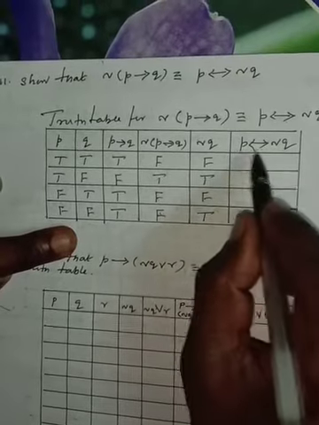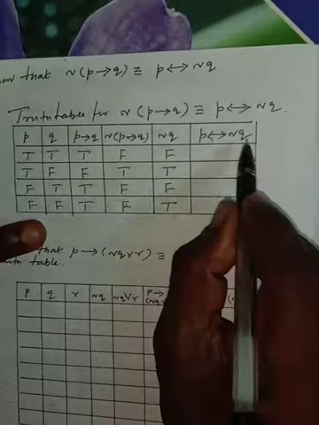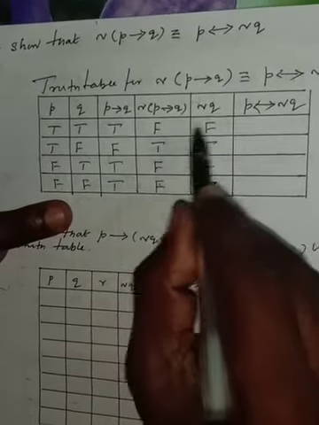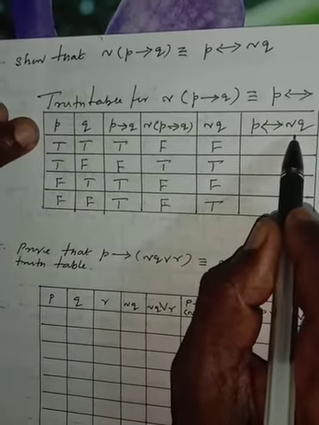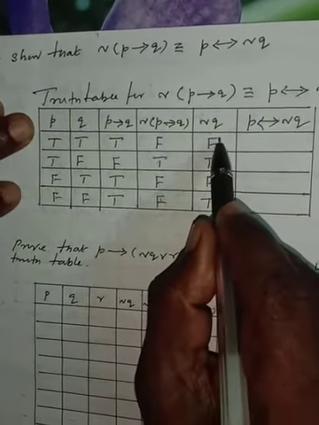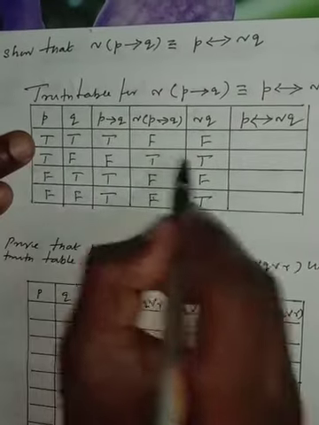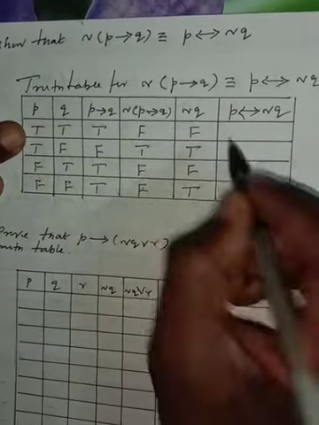Now P implies and implied by negation of Q. So take this and this. P implies negation of Q. First column and fifth column. True if and only if F is false.